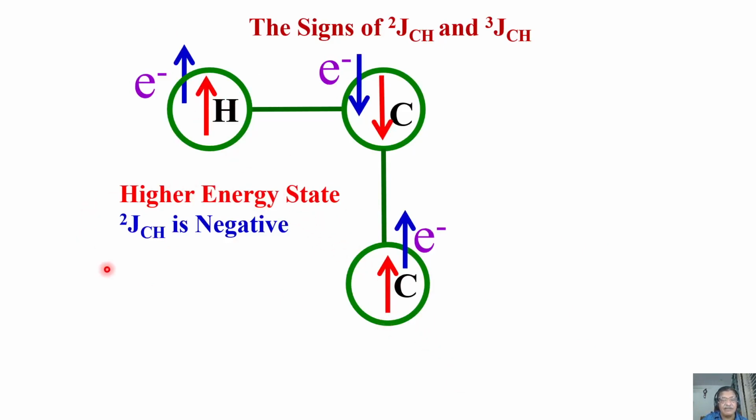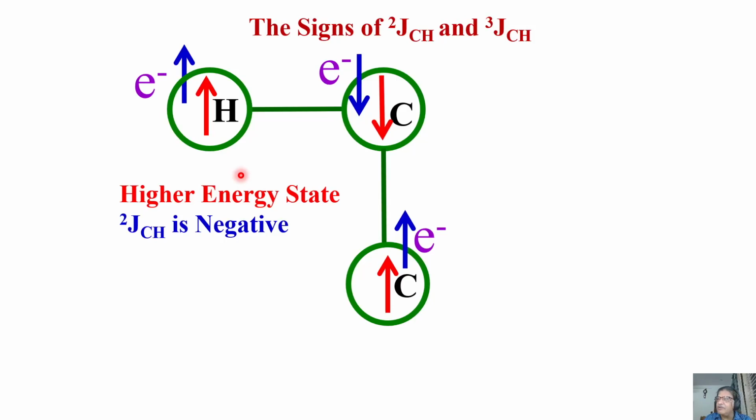As a consequence, we say 2 bond JCH is negative. You understand how we get the sign of the coupling? Here we use the Fermi contact interaction, from here to here Pauli pairing, again Fermi contact, from here to here Pauli pairing, again here Fermi contact. Using the simple Dirac model, we found out 2 bond JCH is negative.